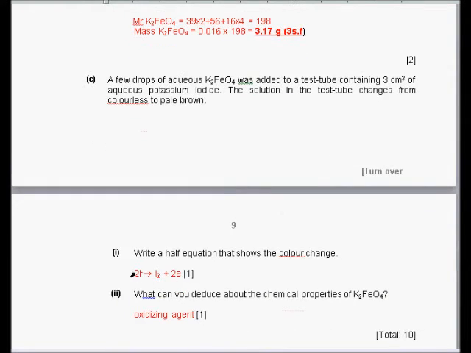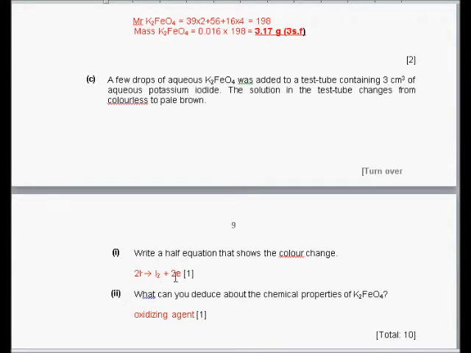That is why the half equation is I minus to I2. And it loses 2 electrons. 2 iodide ions lose 2 electrons to form 1 iodine molecule. This plus 2 electrons, you can actually put it here as minus 2 electrons, I'll mark you correct as well.